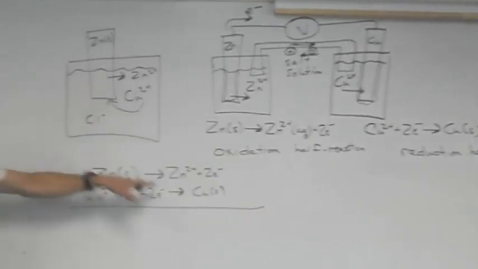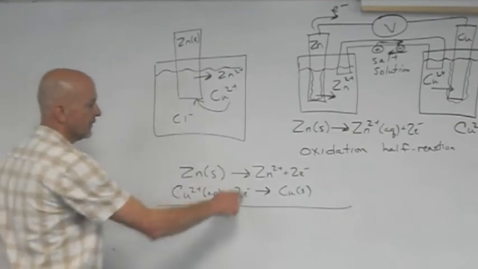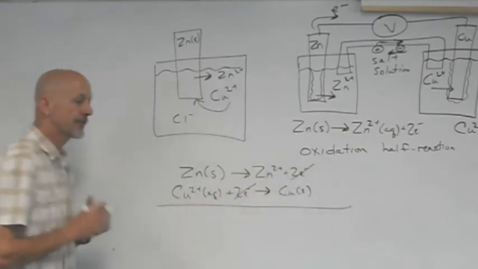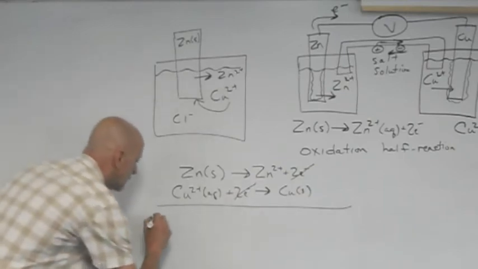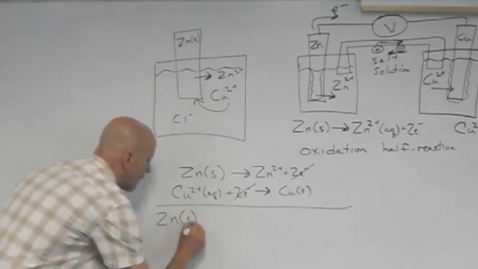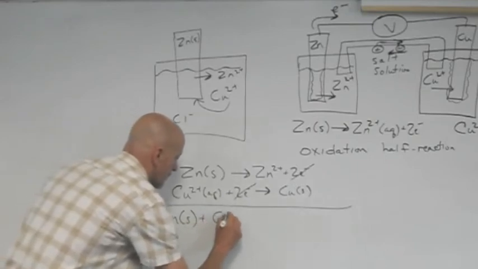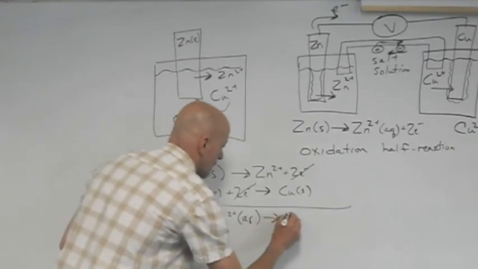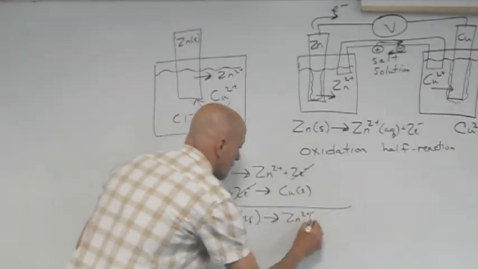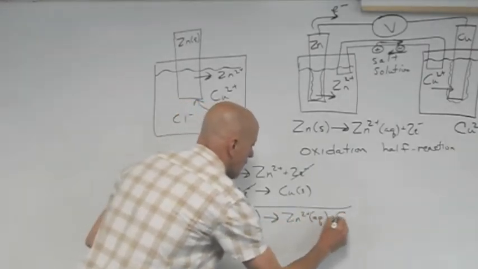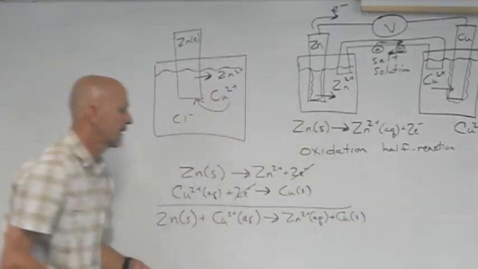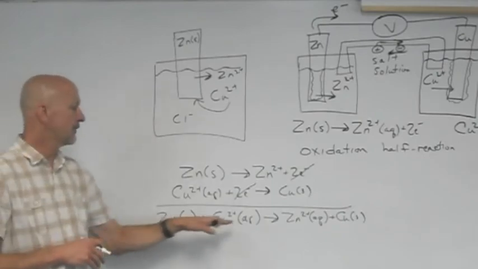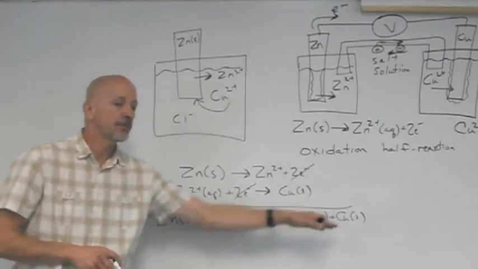I'm going to add up all of my reactants over here, all of my products. I can see that I've got electrons and electrons, they're going to cancel out. So what is my reaction? Zinc, and I have the overall reaction that occurred in the beaker by itself. Zinc giving away electrons to copper, which becomes the metal.